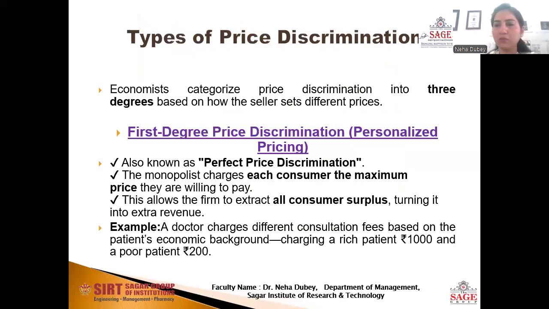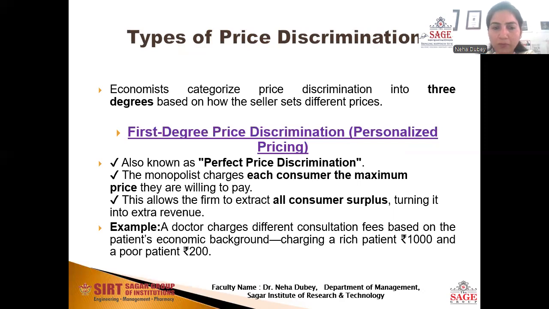So one by one we will deal with these and also understand what examples come into each category. The first degree of price discrimination is also known as personalized pricing, or perfect price discrimination. The monopolist charges each consumer the maximum price they are willing to pay.